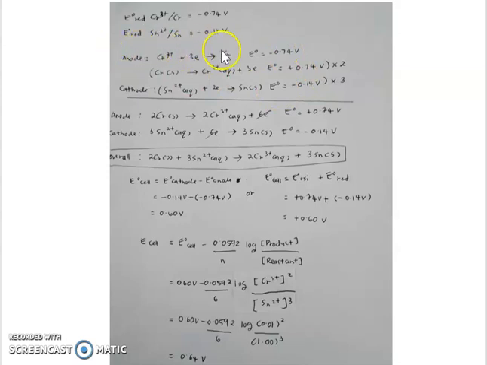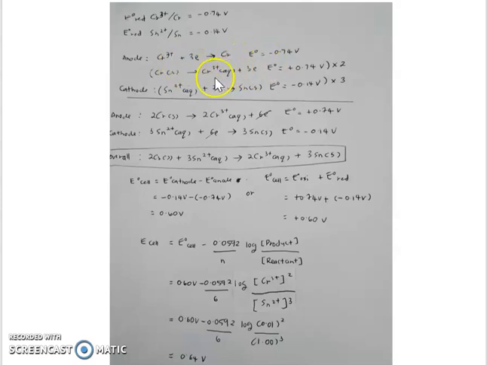Because chromium undergoes oxidation at the anode, we have to reverse the equation, meaning we put the electrons on the product side, because anode means oxidation releases electrons. So the oxidation half cell reaction will be chromium solid gives chromium ion plus 3 electrons.